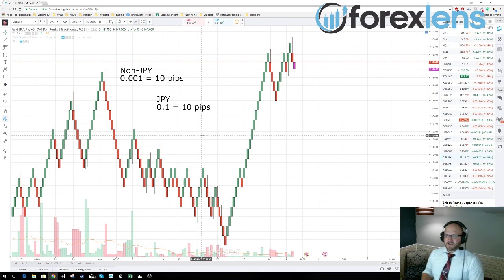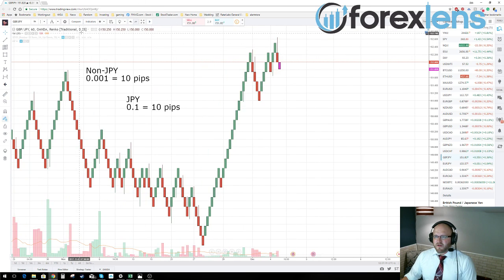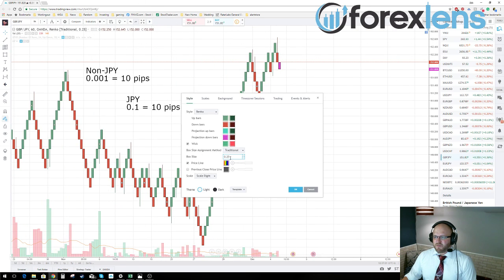A non-JPY pair, anything without the yen, is going to have 0.001 equals 10 pips. For any yen pair, 0.1 is going to equal 10 pips. That's the setting you would use in your Renko charts. If you want to show only 10 pips, you would put 0.1 in here for this pair.